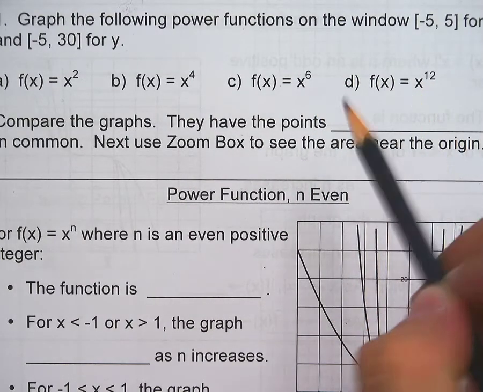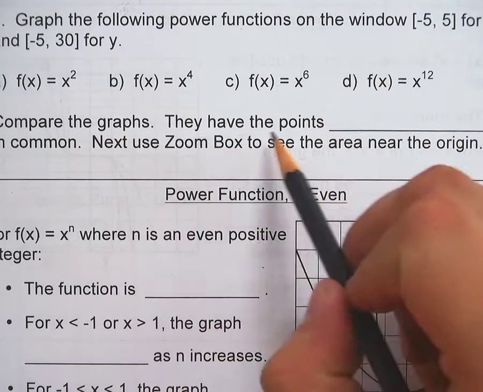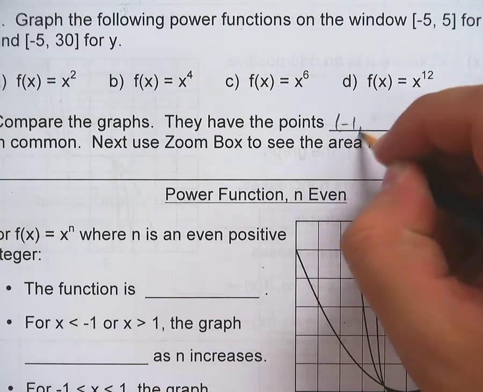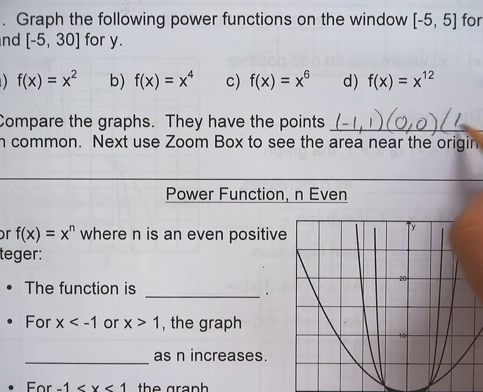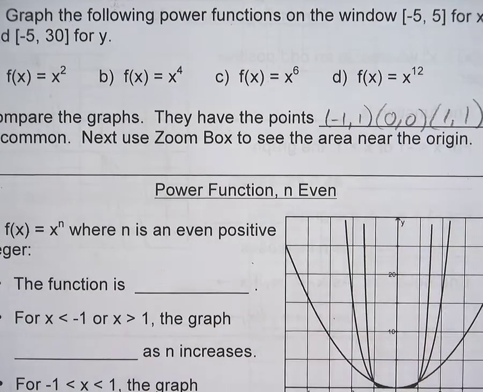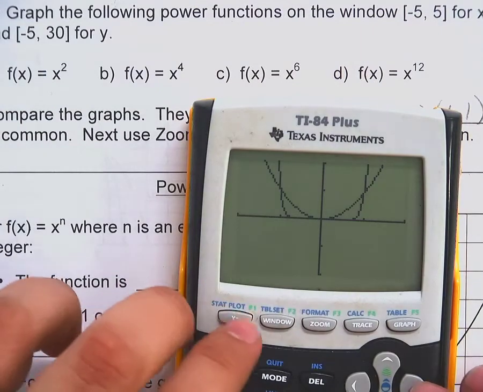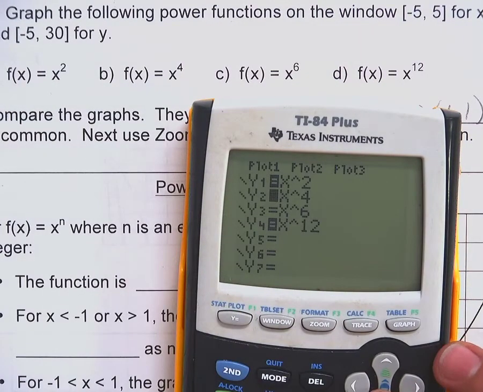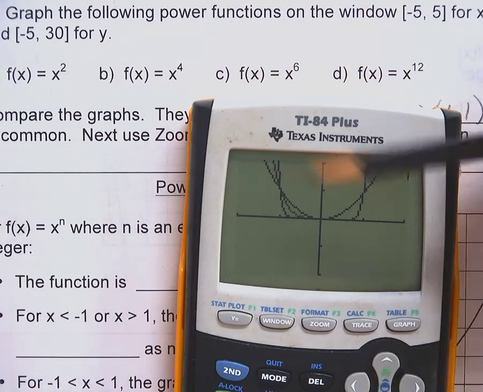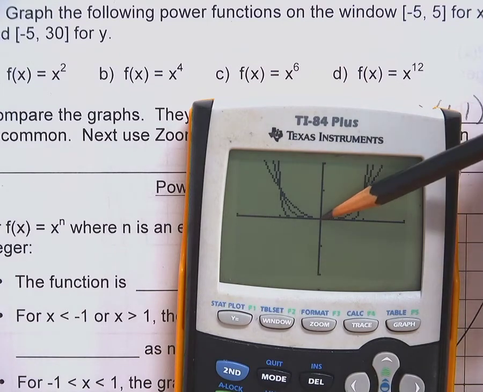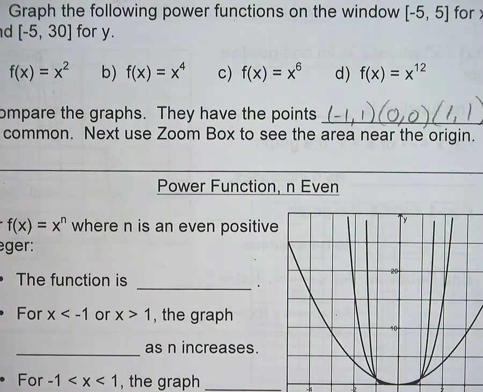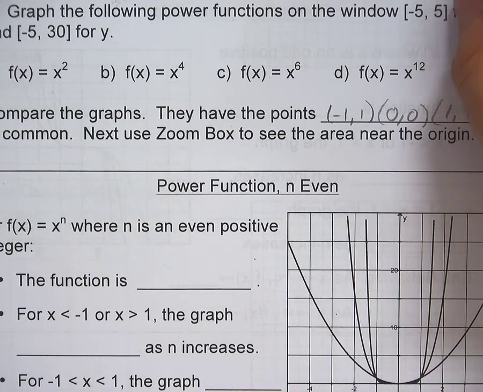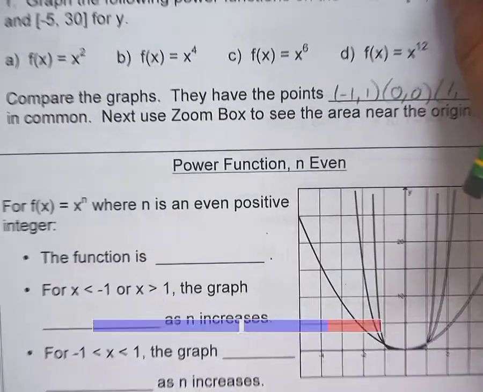So if you plug in a -1, they all have the points (-1, 1), (0, 0), and (1, 1) in common. They all share those 3 points right here. Let me turn these others on. They all have these points in common. And then there's the area near the origin too, so all that's taken care of.